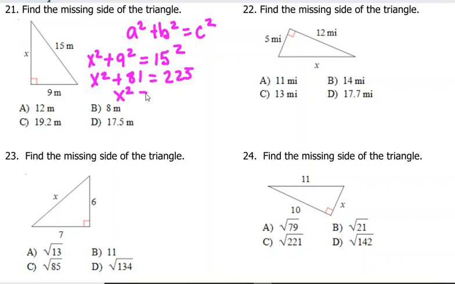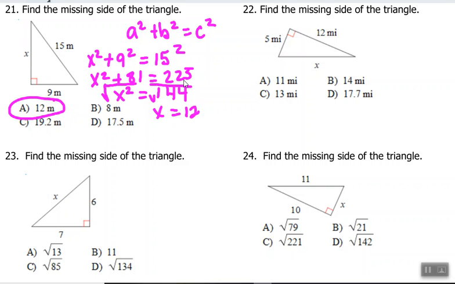X squared equals 144. And so to get just x, to find that missing leg, I'll take the square root of each side, because that means that I have x equals 12. I know the square root of 144 is 12. So A would be my correct answer.